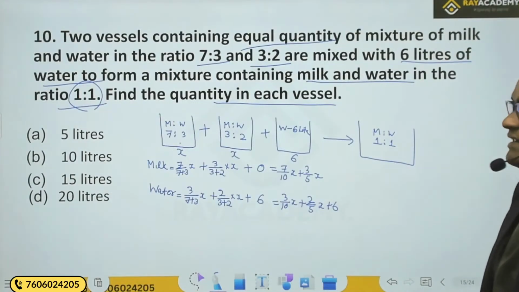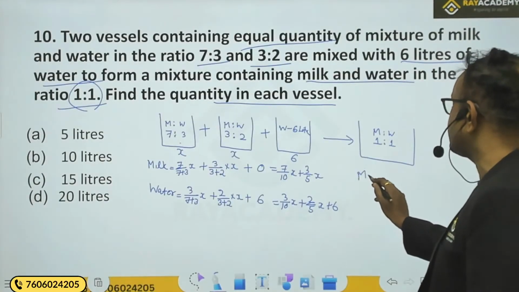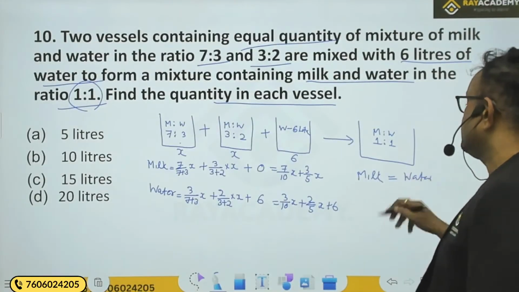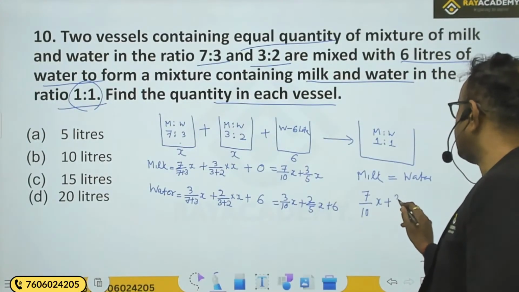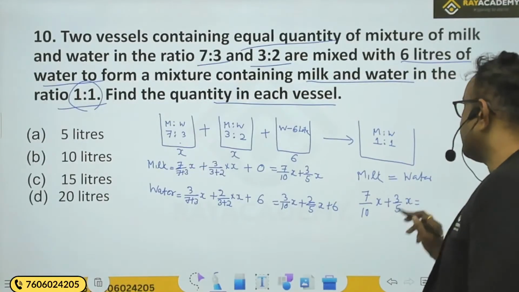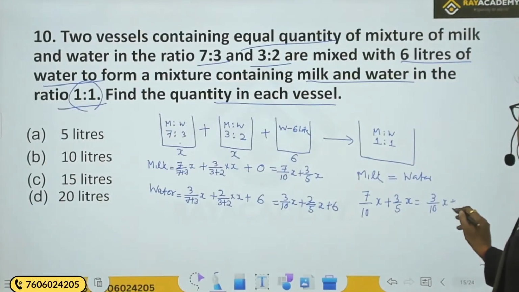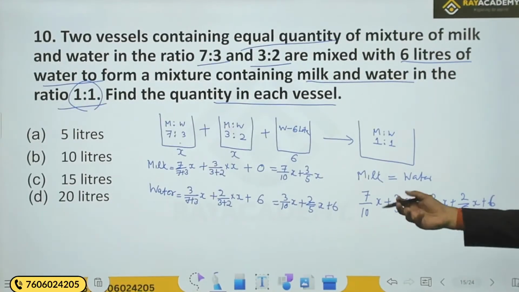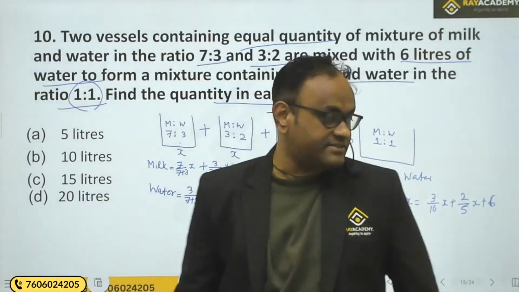If it is 1:1, then the content of milk should be equal to the content of water. So put this equation: 7 by 10x plus 3 by 5x equals 3 by 10x plus 2 by 5x plus 6. Quantity of milk equals quantity of water. Then do the calculation and you will get the answer.